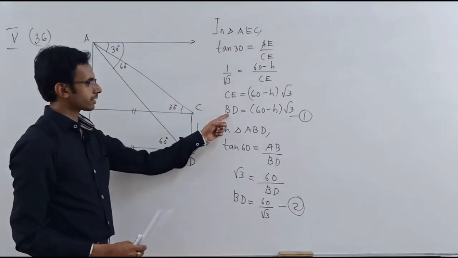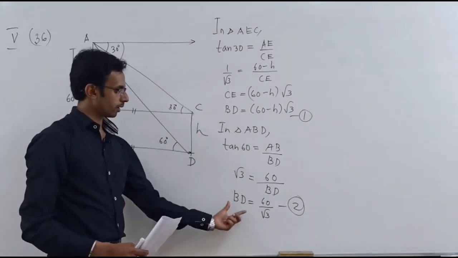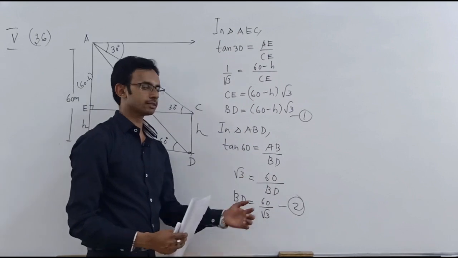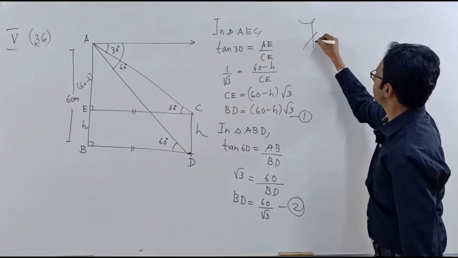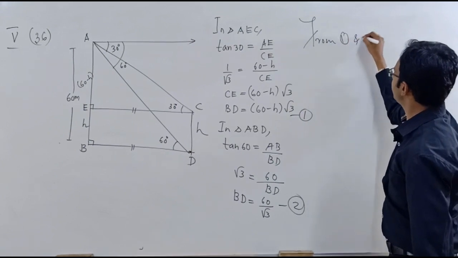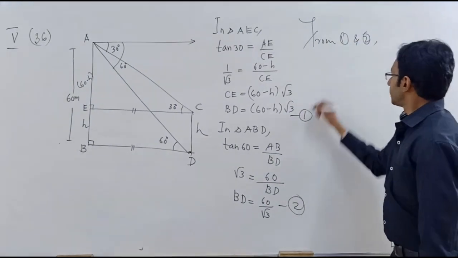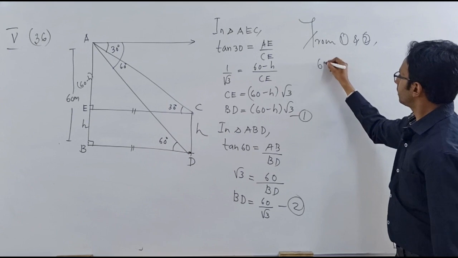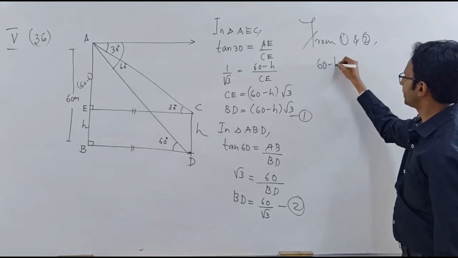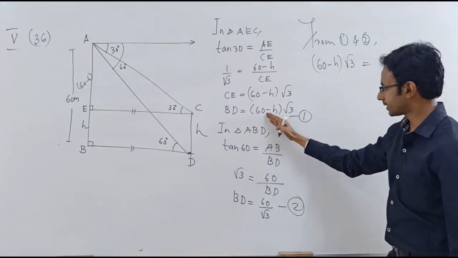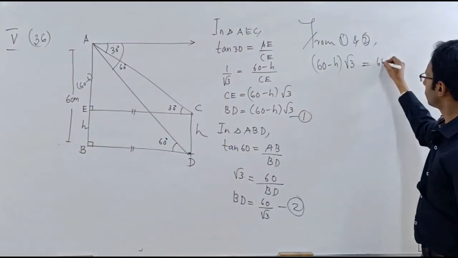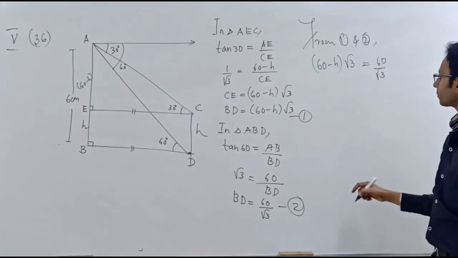So when you look at equations 1 and 2, left hand sides are equal, both are BD. So therefore right hand sides must be equal. So the right hand side of equation 1 is equal to the right hand side of equation 2.